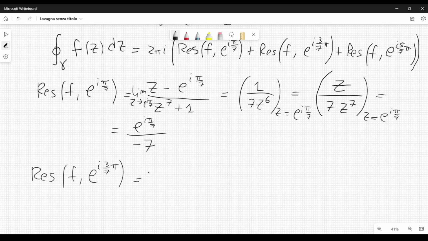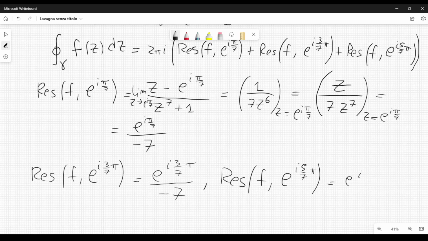And by doing the same trick as we did above, we get almost the same result, except that in the numerator here we get e to the i 3 over 7 pi divided by minus 7, and something similar for the residue of the function f evaluated at e to the i 5 over 7 pi, which is equal to e to the i 5 over 7 pi divided by minus 7.